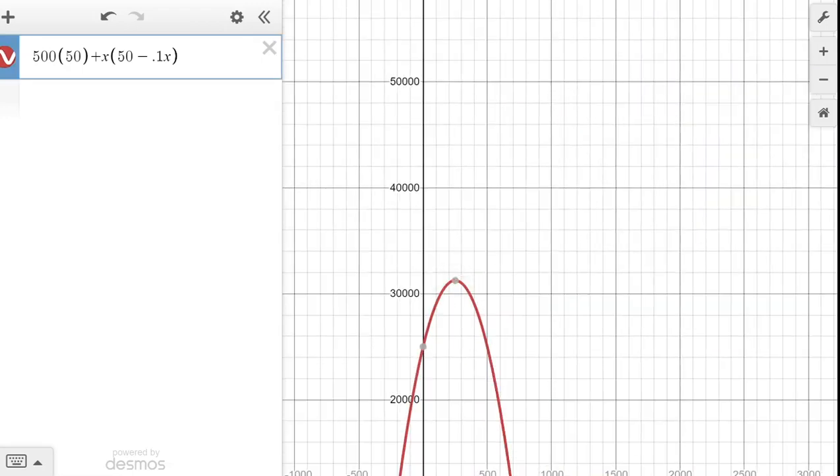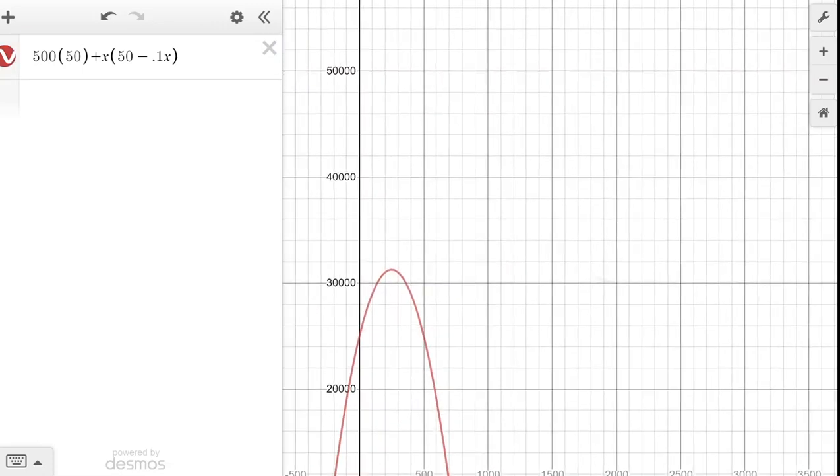And if I click here, it tells me this number here. Now, what are these values? Well, 50 times 500 is $25,000. That's how much money they're making on those first 500 units, and that's what we have here on our y-intercept. So that's where this all started. The stuff to the left of the y-axis is not relevant to this problem.